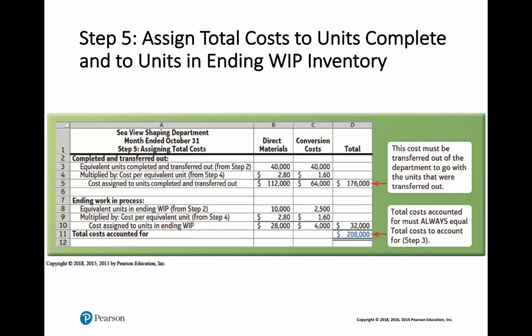The more difficult problems give you 3 out of 4, but you can easily calculate by setting up your step 1. Beginning plus started equals a total, and ending plus completed equals a total, and those 2 numbers have to agree. So if you know what the bottom half is, and you only know what one of the 2 from the top half is, you can figure that out. Or vice versa. If you know what the 2 top numbers are, you can figure out the missing number from the bottom half.